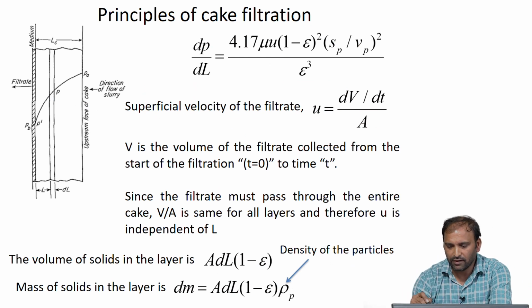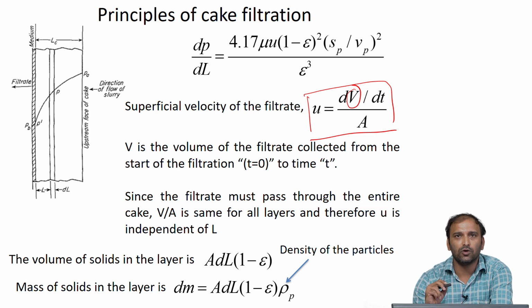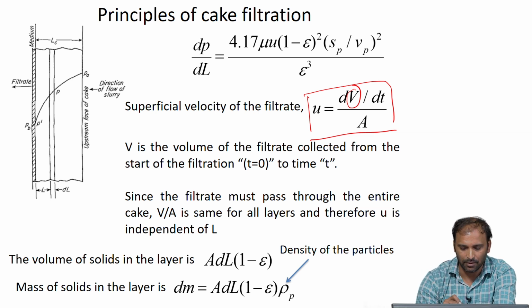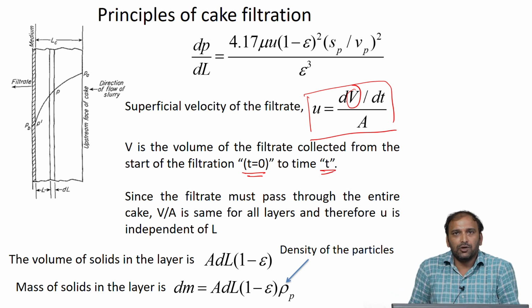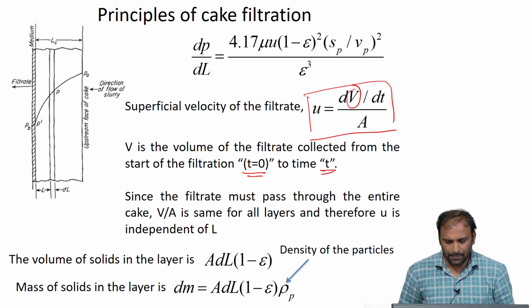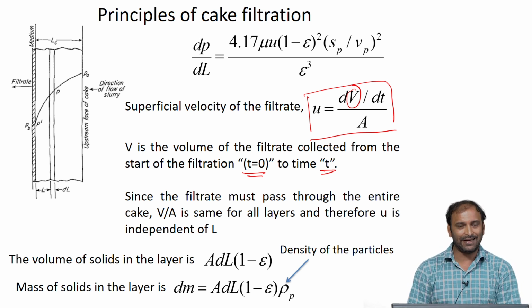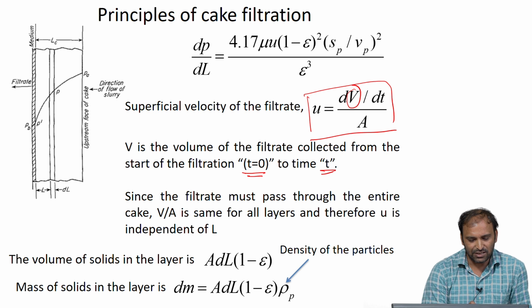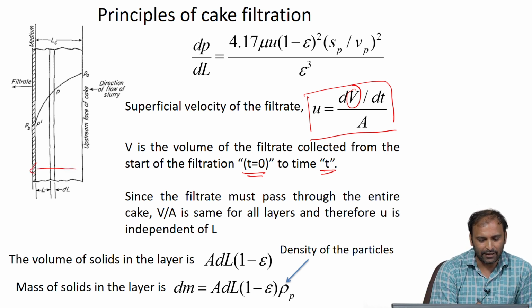So in this definition, u is equal to dV by dt divided by A. V refers to the volume of filtrate collected from time t equal to 0 until time t. Once a particular volume of filtrate enters the filter cake, the same volume flows through the entire filter cake.